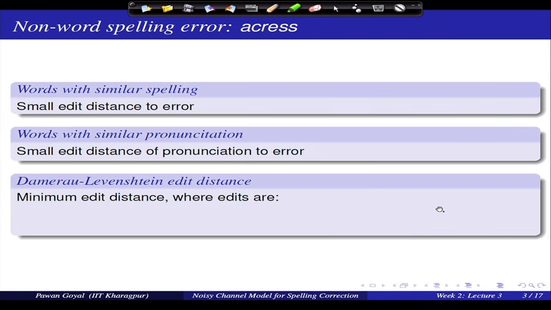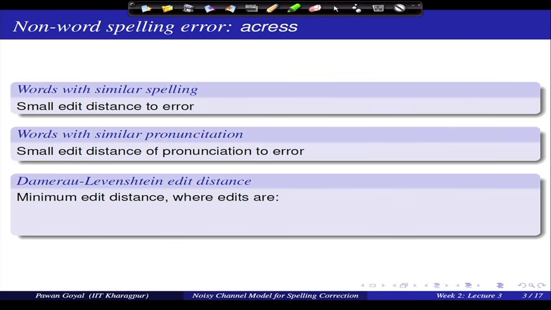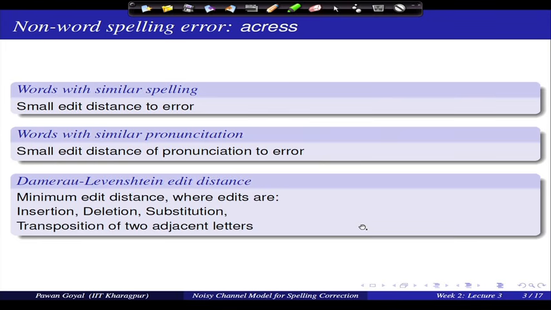Suppose I am using my DL edit distance. This is a small variation of my Levenshtein edit distance. Remember Levenshtein edit distance, what were the operations? We had insertion, deletion, and substitution. In this particular edit distance, we also have the transposition. So insertion, deletion, substitution, and transposition of 2 adjacent characters.